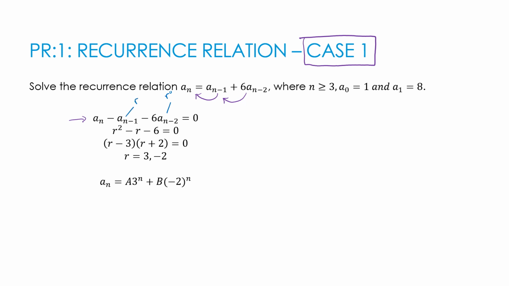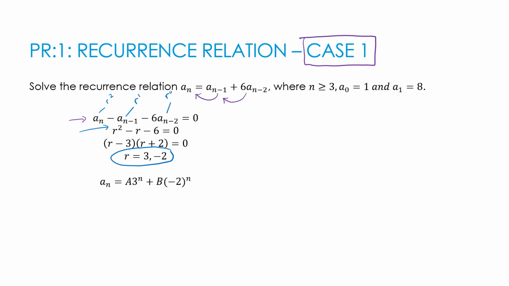The next one up is r to the first, the next one up is r squared. That gave me this characteristic polynomial. That factors quite easily into r minus 3, r plus 2, which means my roots are 3 and negative 2. So that's really step 1 and step 2 together.